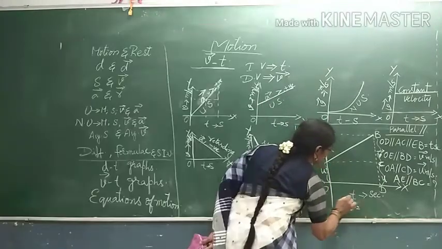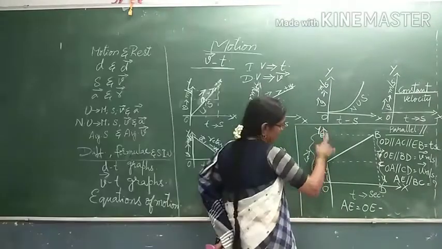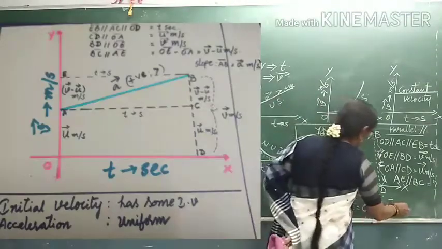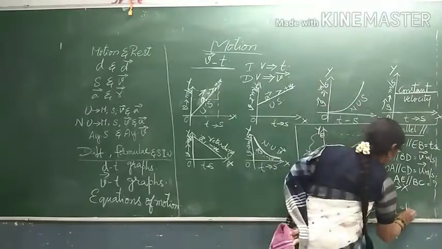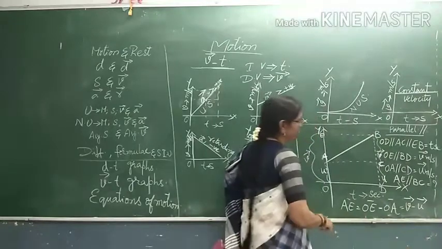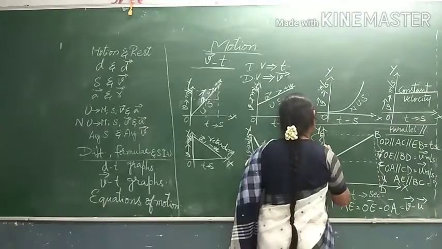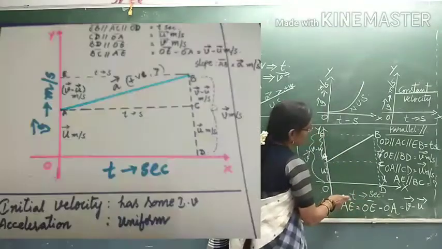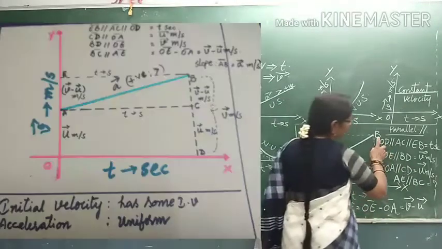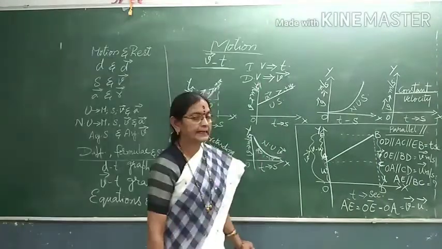AE is equal to OE minus OA. OE is V, OA is U. So AE is V minus U. Now children, carefully remember and learn these parallels.